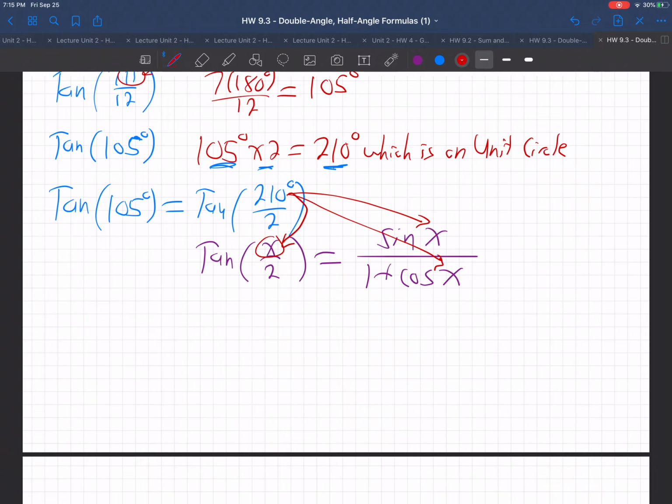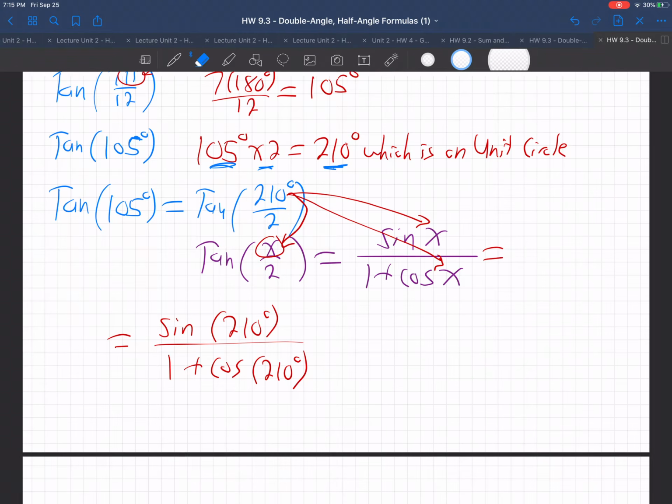So this is sine of 210 over 1 plus the cosine of 210, isn't it? So that's what the tangent of 105 degrees equals, according to the formula.